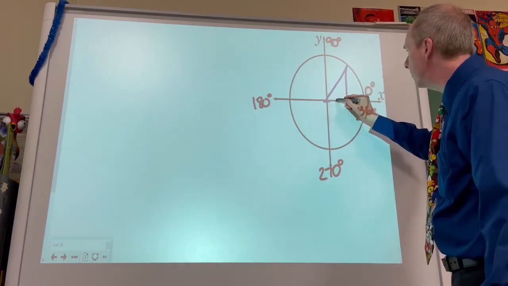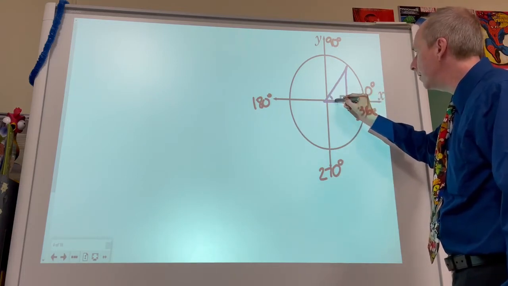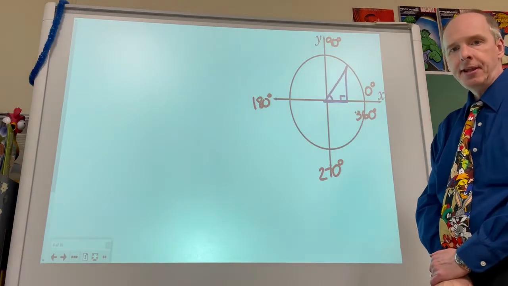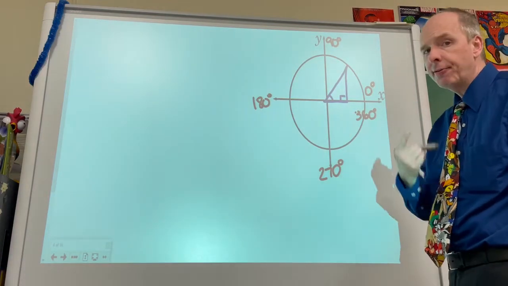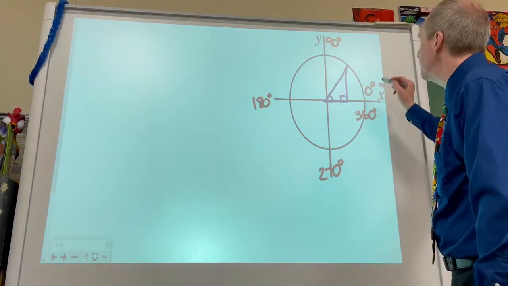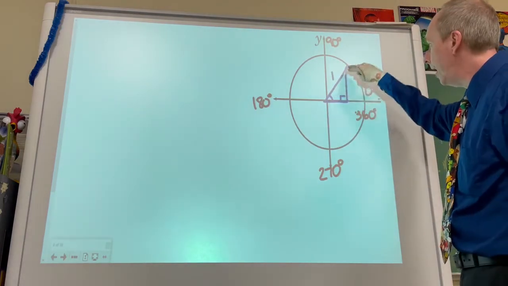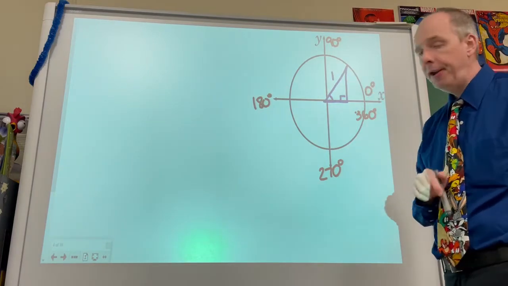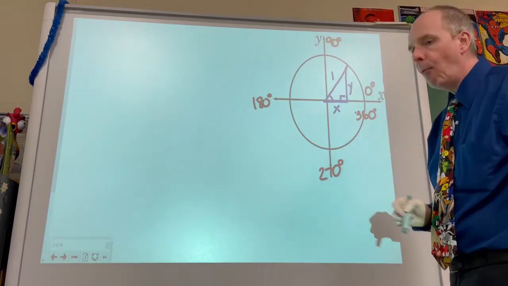It'll have to do. There's our right angle. Here's the angle that we're interested in. We usually call that x or theta. Theta is a Greek symbol we'll see in a few minutes. Radius is 1, so the hypotenuse is 1. This is my x, this is my y.